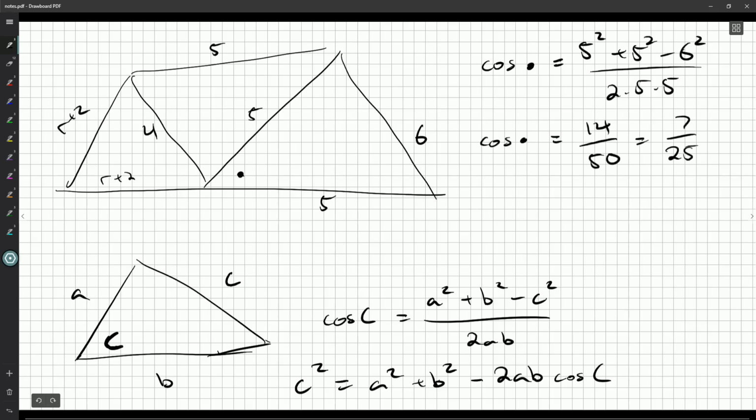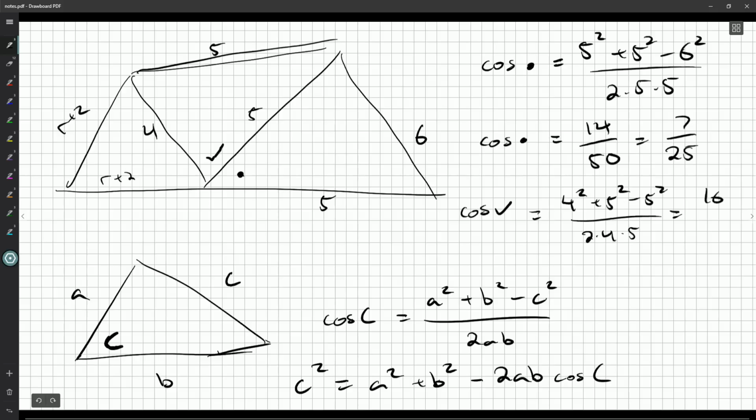Okay. So 7 out of 25 there. And then we can figure out what check is. Cosine of check should be 4 squared plus 5 squared minus 5 squared, because this 5 here is the one that's opposite, divided by 2 times 4 times 5.